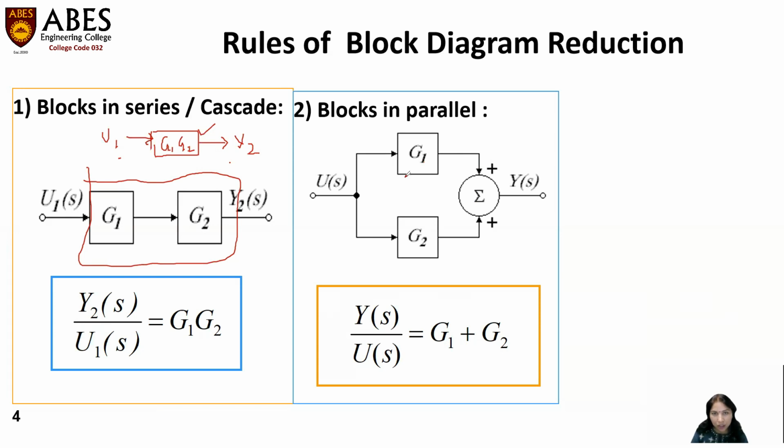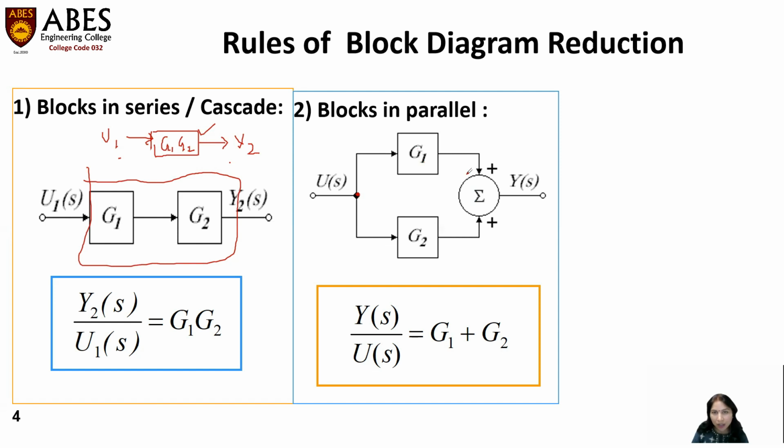This point is the input point from where the G1 block is going towards the summation point, so its direction is unidirectional. Again, from this point, the G2 block is also moving towards the summation point.